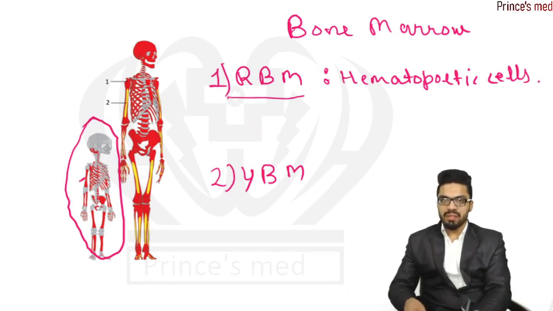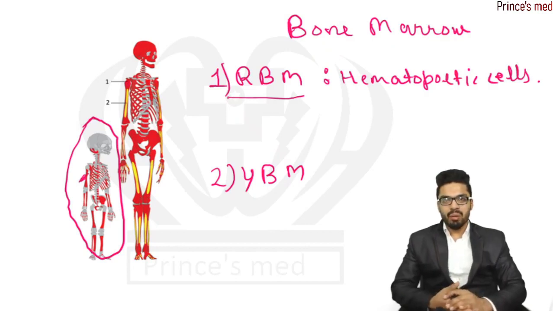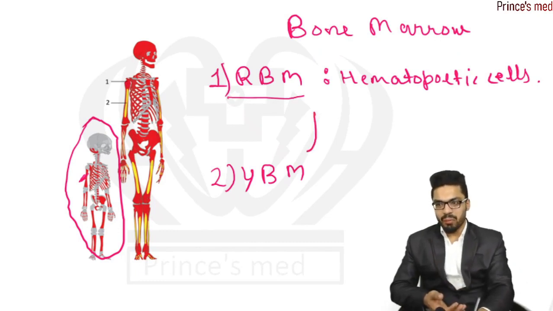And after some time, when red bone marrow comes in the secondary center of ossification or epiphysis region, this bone marrow has invasion of adipocytes, which form adipose tissue in between it and form yellow bone marrow.